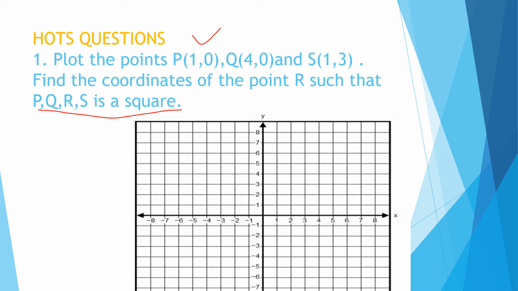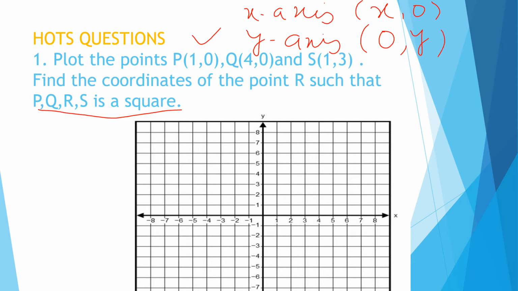In my previous video, the first part, I explained that the points which lie on the x-axis are always of the form (x, 0), while the points which lie on the y-axis are of the form (0, y).